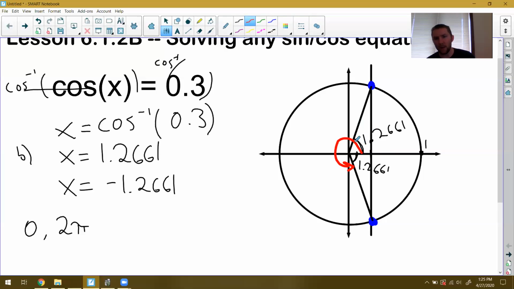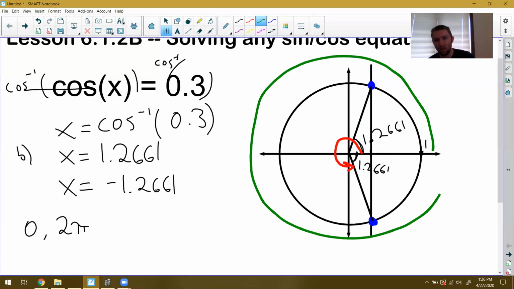So this red angle is most of the way around the unit circle, right? It's over 3/4 of the way there. Now, to figure out what that red angle is in terms of radians, I just need to remember that if I were to go all the way around the circle, back to the beginning point, that would be a grand total of 2 pi radians.